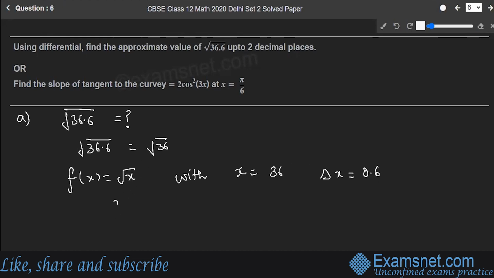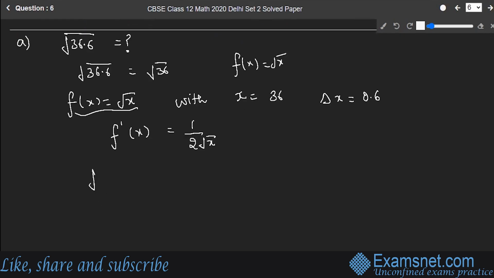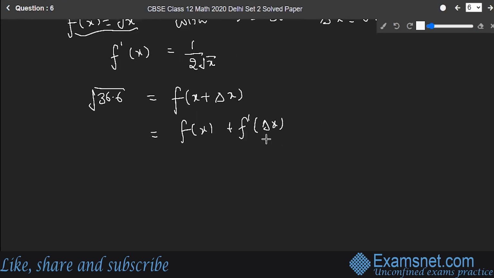Now, note that f dash x over here will be equal to 1 by 2 root x. So that means root of 36.6 can be written as f(x plus delta x). This is equal to f(x) plus f dash x into delta x.